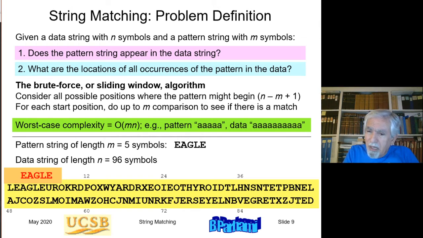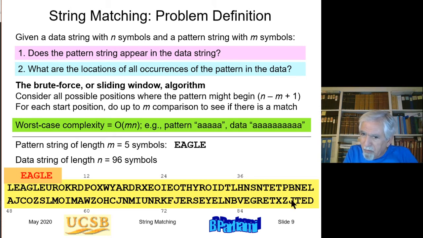The worst case complexity of this algorithm is order m times n, where n is the size of the data string and m is the size of the pattern string, because the starting position can be any one of the... not quite n minus m plus 1, because, for example, it cannot start here.